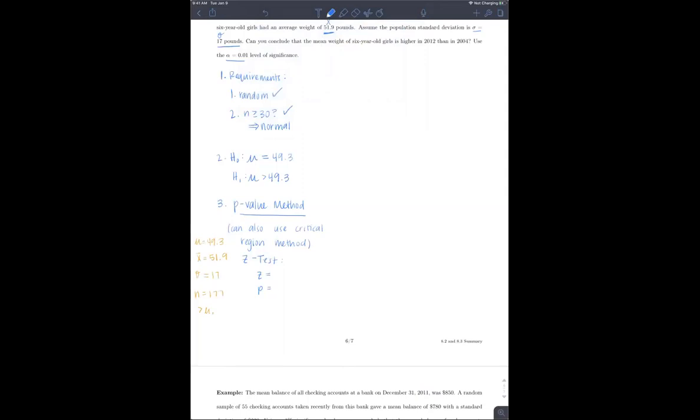For Z, I got 2.03. And for the p-value, I got 0.021.